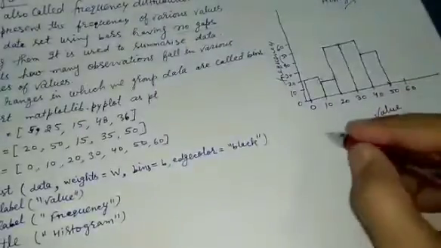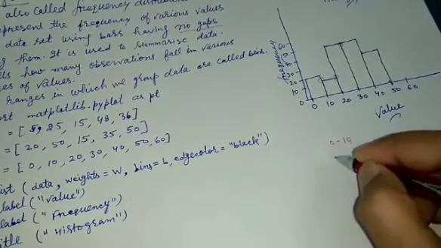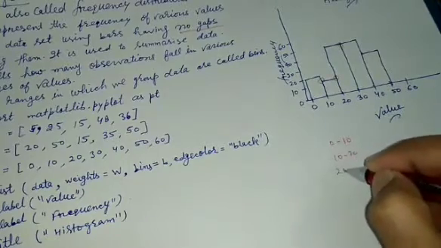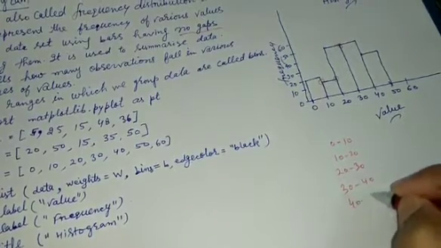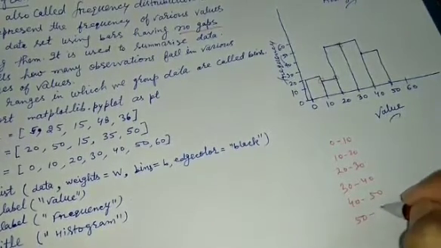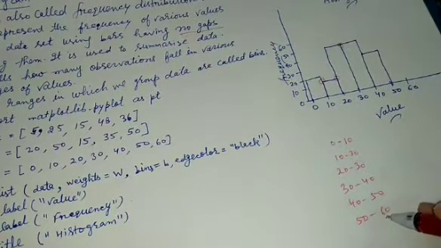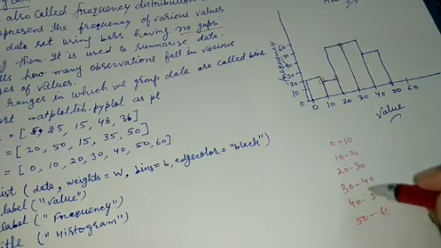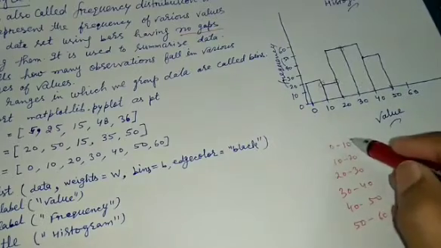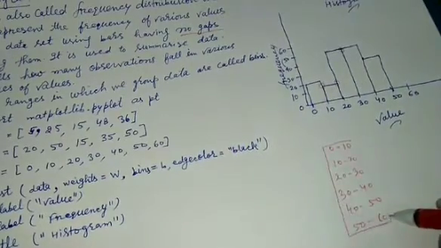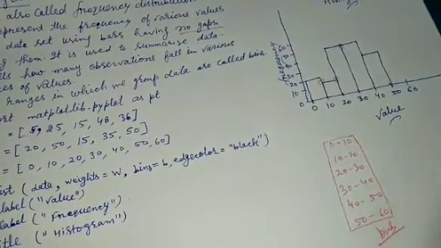In mathematics you have created groups like this: 0 to 10, 10 to 20, 20 to 30, 30 to 40, 40 to 50, 50 to 60. These ranges have some frequency, how many values come into these groups individually. This can be represented using the histogram, and these ranges are called bins in Python.